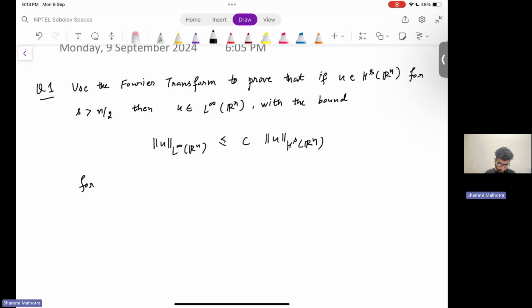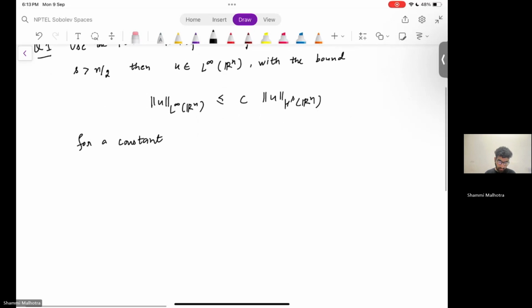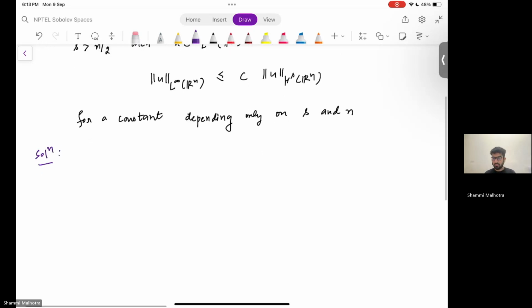And that holds for a constant depending only on s and n. So we need to prove this.